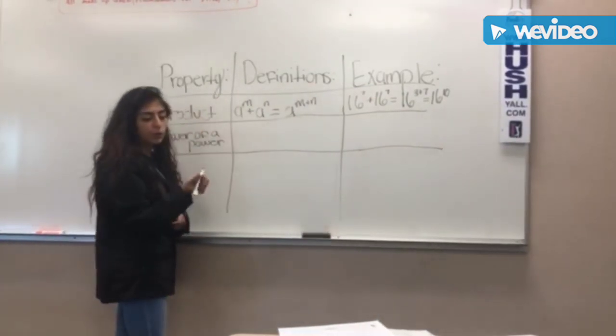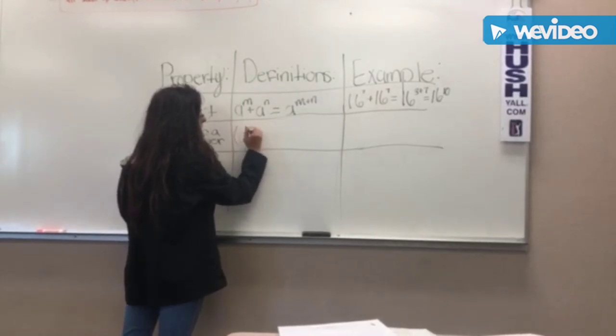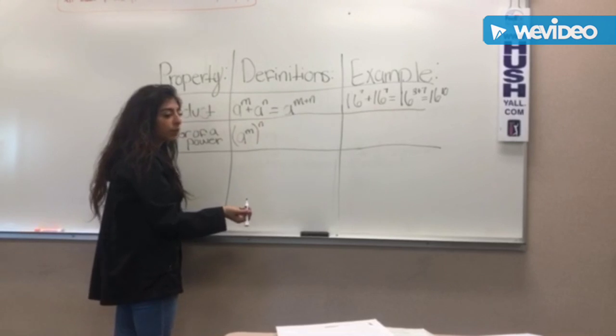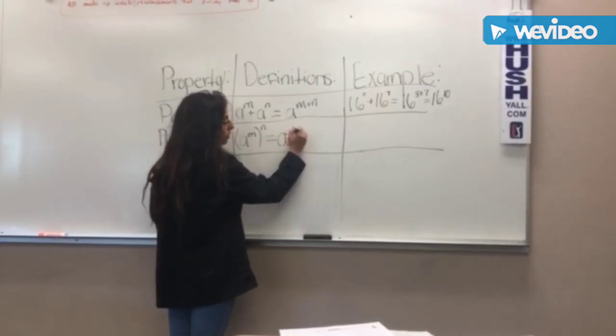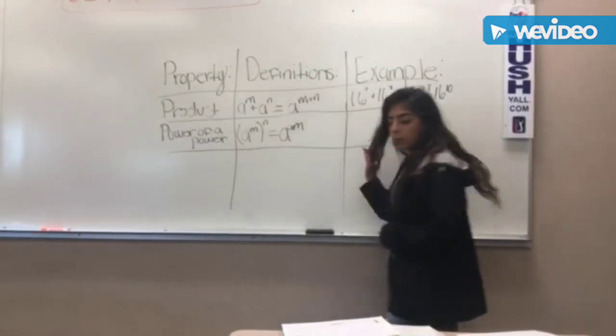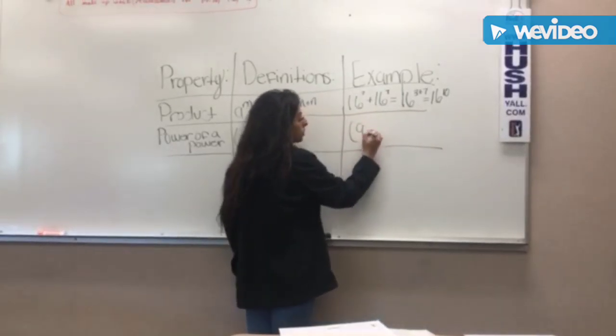Now for the variable in the definition section of this part, it is going to be in parentheses with an exponent, and then there's going to be an exponent on the outside of it as well. What this means is these exponents are multiplied with each other. When we do the example with numbers, we'll use a 9.